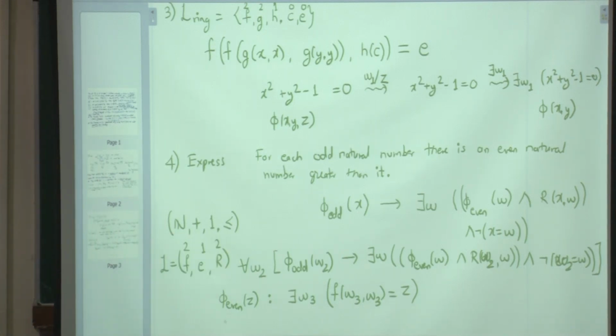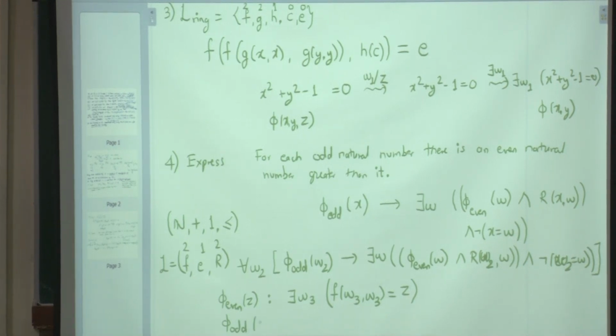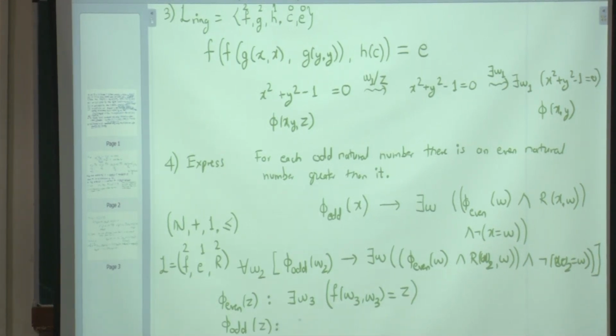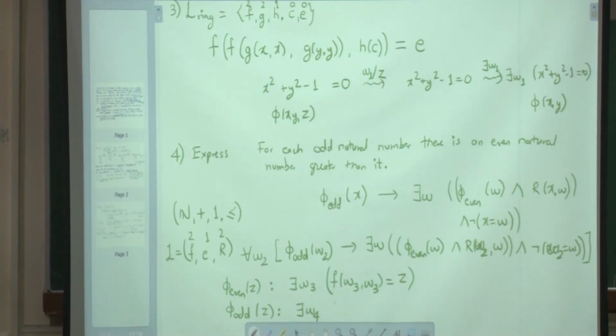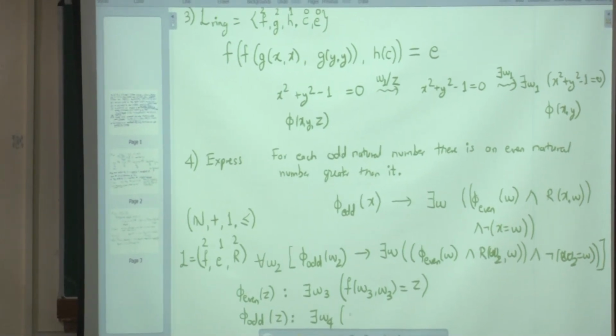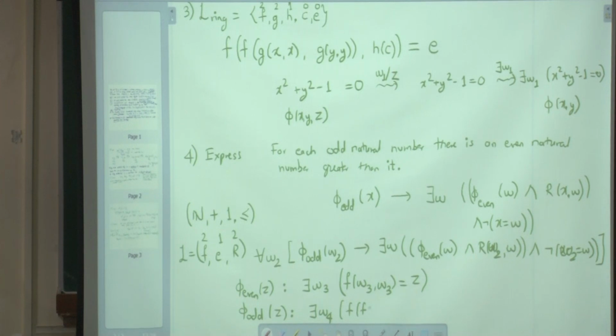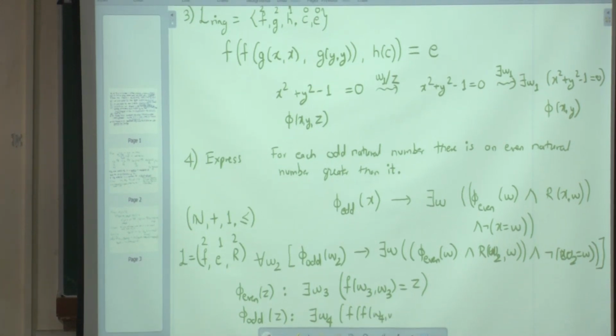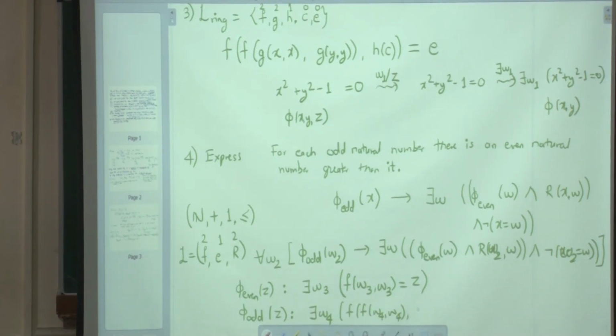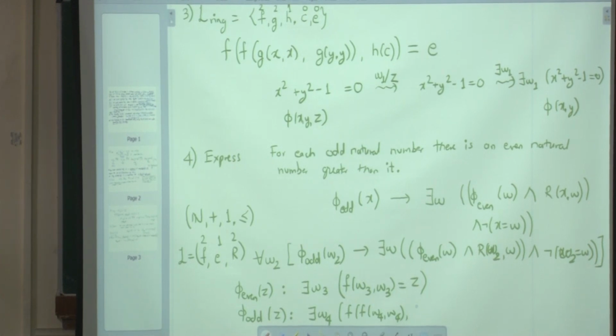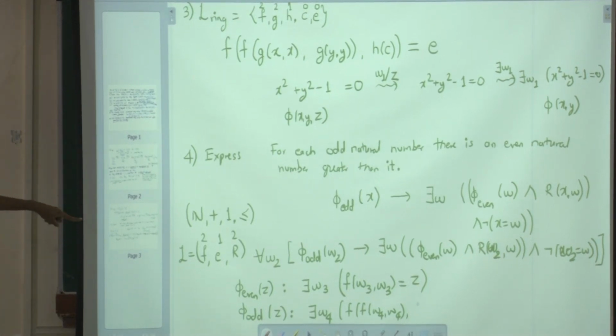Okay, what is phi odd? There exists a W4 such that f of W4 W4 is equal to, what is the symbol here?